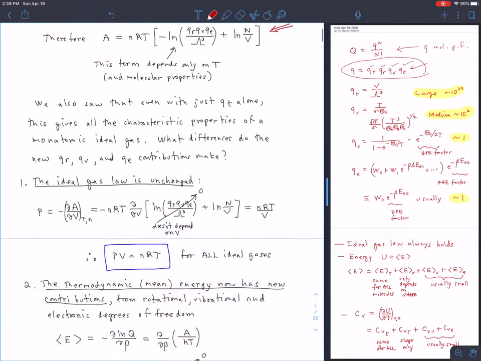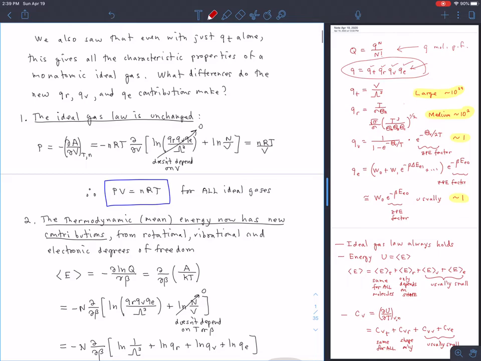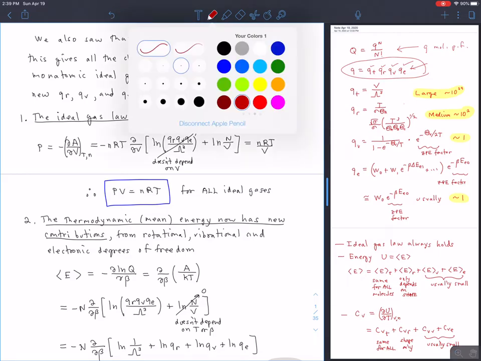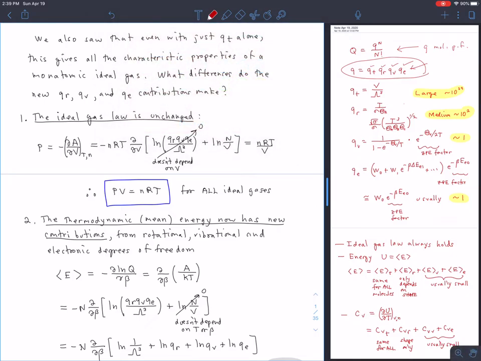They're just our starting point. So the very first thing we want to do is calculate the pressure equation of state, and we do that just like we did before with monatomic ideal gases. We do it by taking the derivative of the Helmholtz free energy with respect to volume, holding temperature and mole numbers constant. That's a true relationship that comes from thermodynamics.